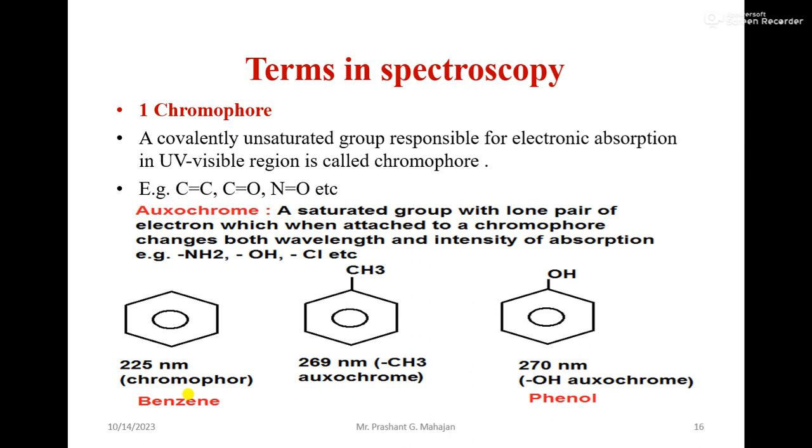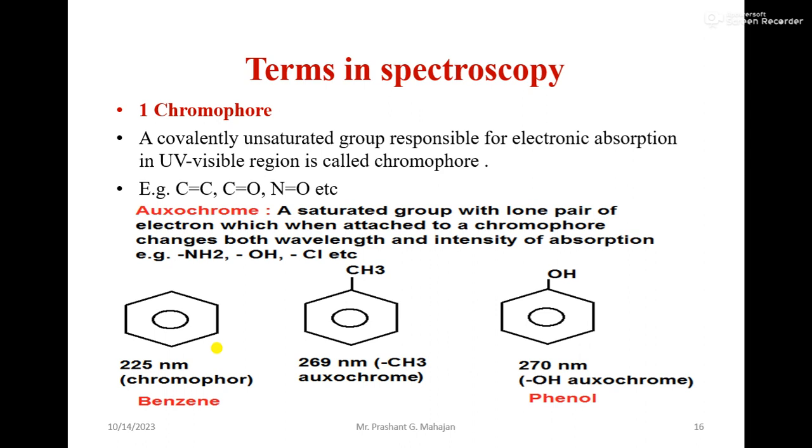That double bond or triple bond present in the group is responsible for the electronic absorption in the UV visible region. That compound is called a chromophore. You can see C=C, C=O, and so on, or the benzene ring is having 3 C=C, so it is also a chromophore.